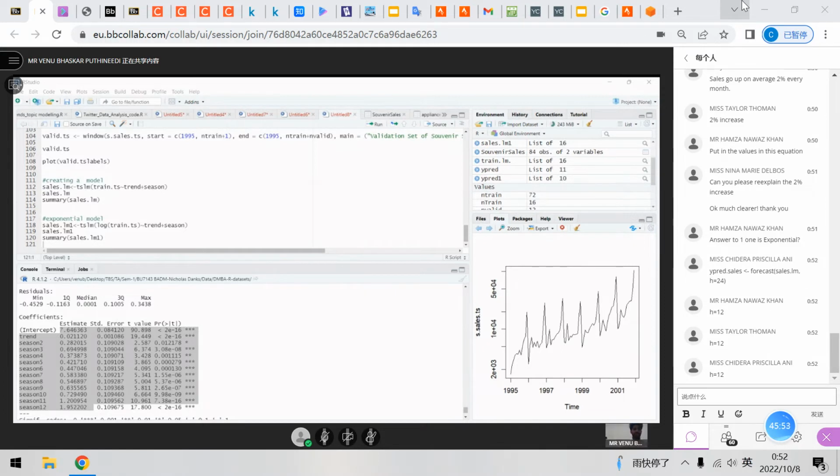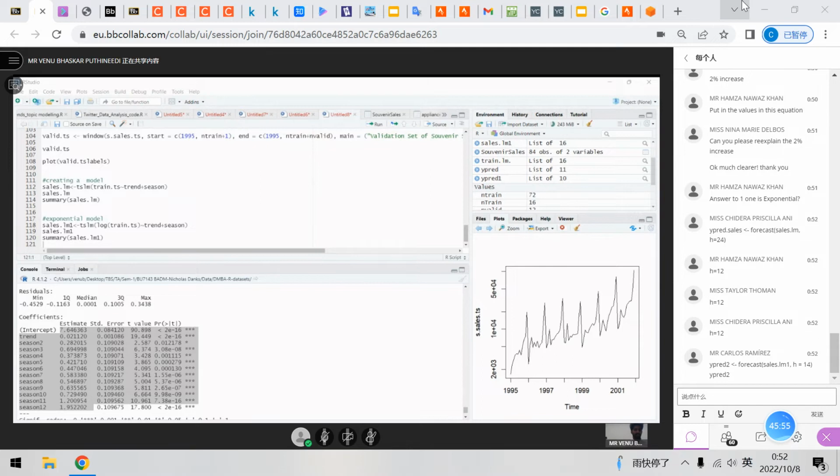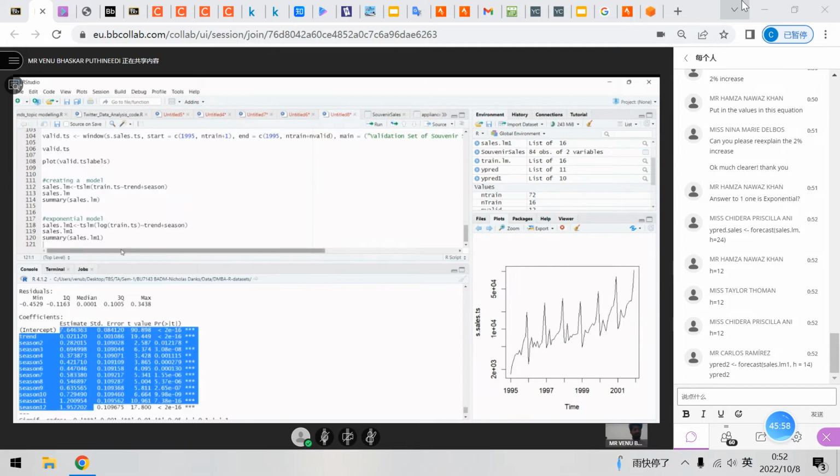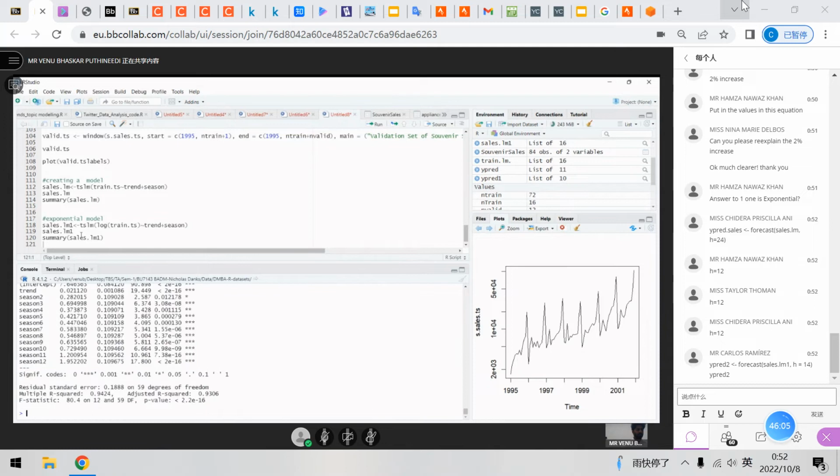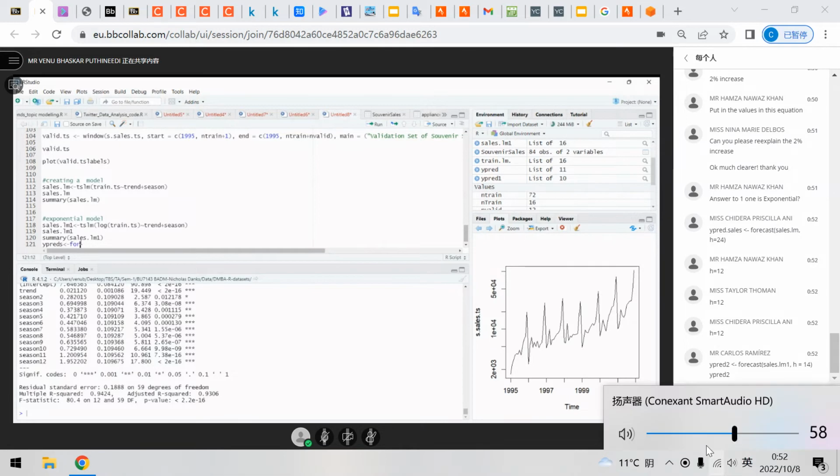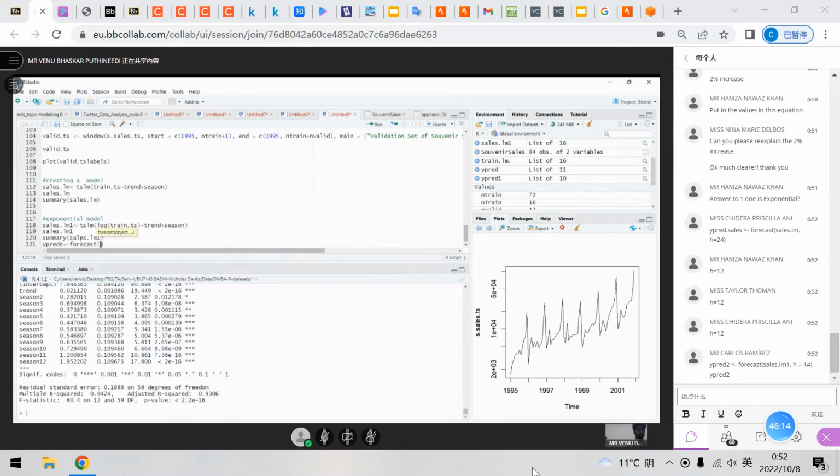Great. Let me go to the forecast of sales.lm1, and for next 1 year it's 12, but they're asking us to predict for 2002 February.